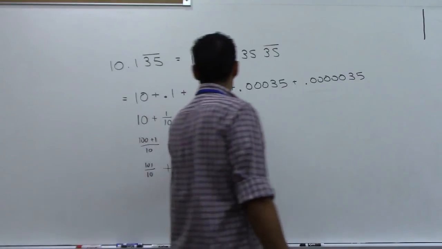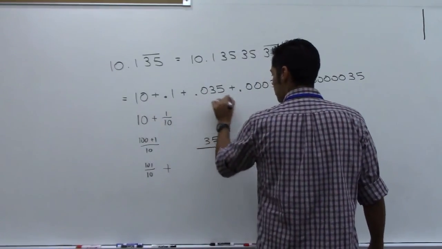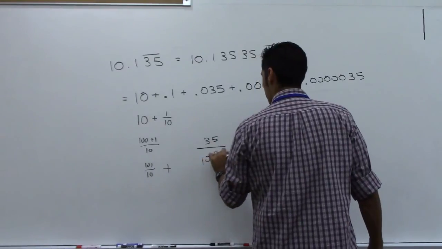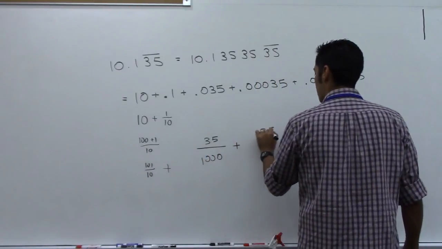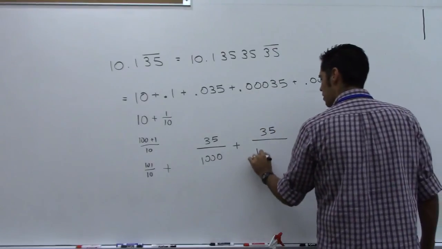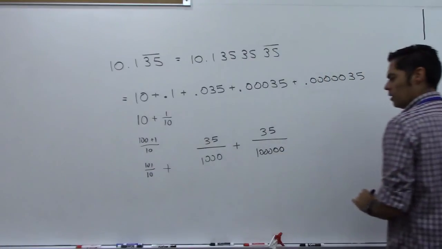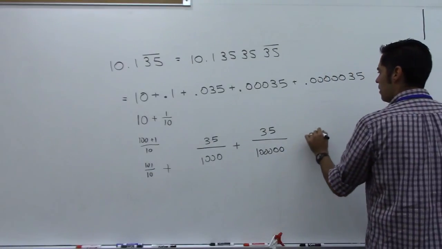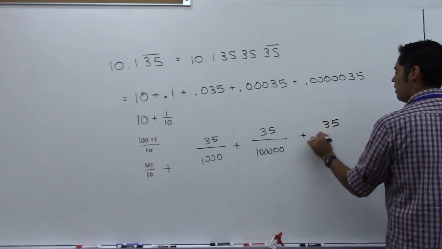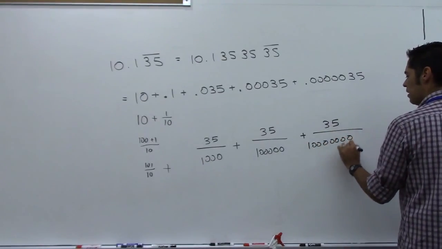This part, you have to be careful. This is 35 over 10 to the third, thousandths, plus this is 35 over 10 to the fifth, 100 thousandths. Did I get that right? Okay. And then the next one, 35 over 10, 1, 2, 3, 4, 5, 6, 7.